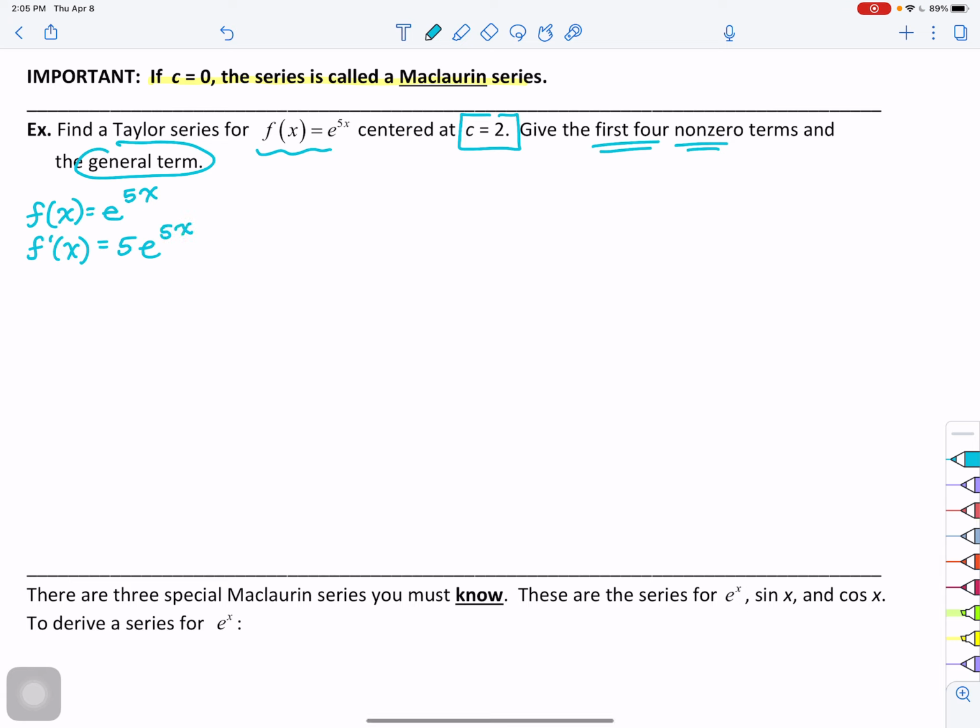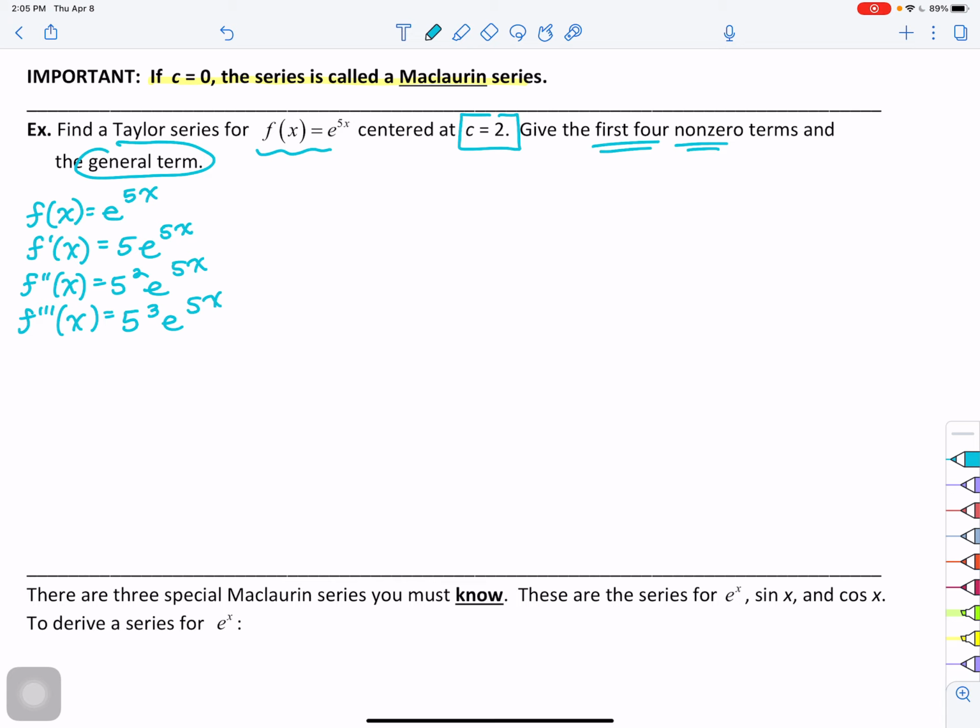5e to the 5x, 5 squared e to the 5x, 5 cubed e to the 5x. So it looks like we will be able to come up with the first four non-zero terms with just those.